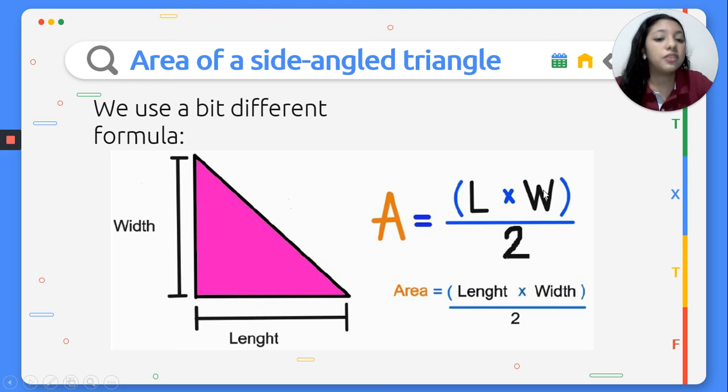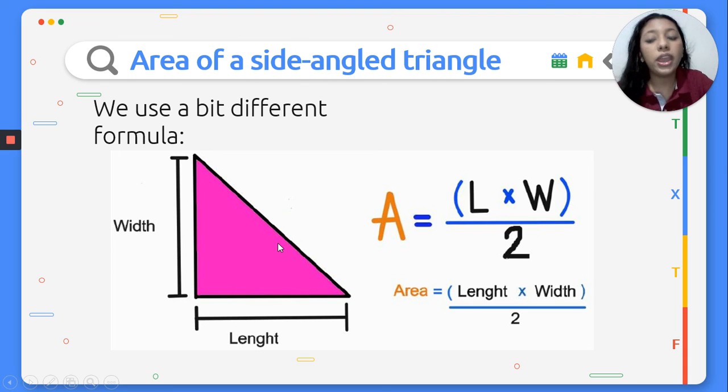The formula changes a little bit. We still have length times width, but after we do this multiplication, we need to divide by 2. Area equals, in brackets, length times width, close brackets, and then divided by 2. See? A little bit different.